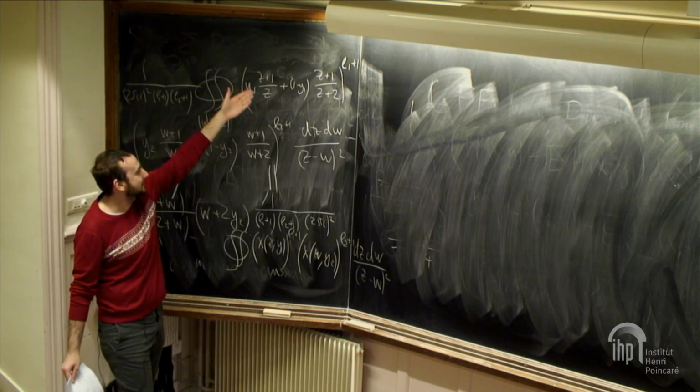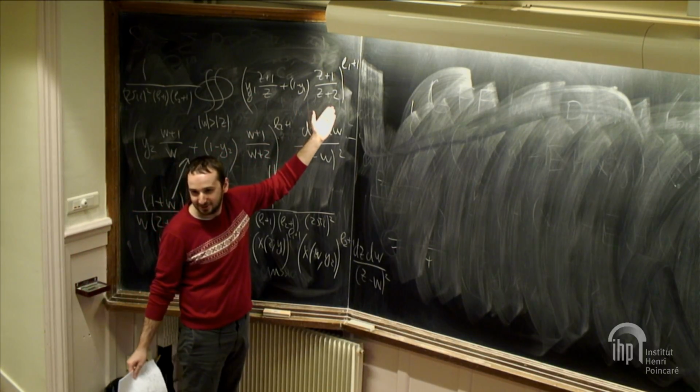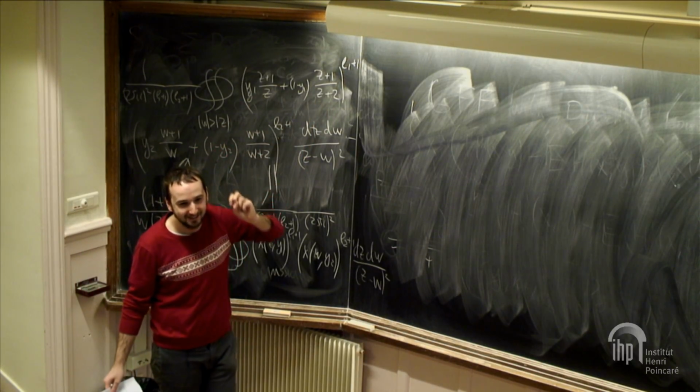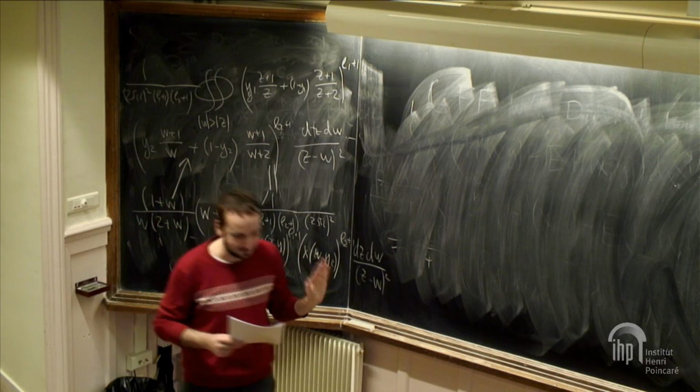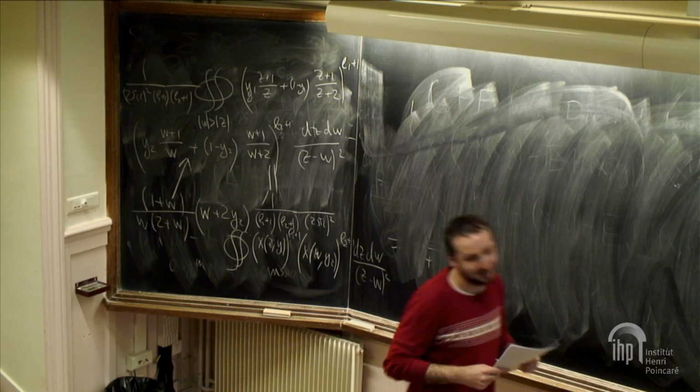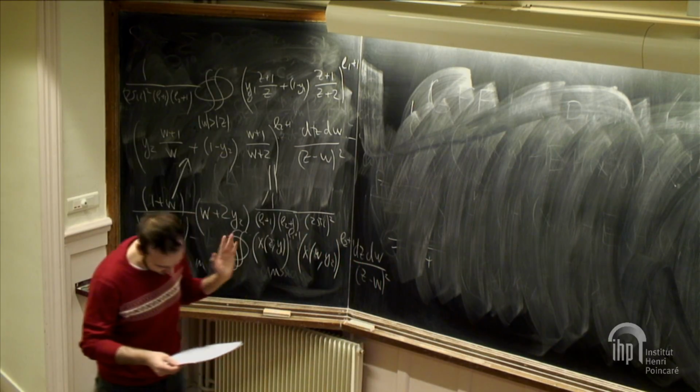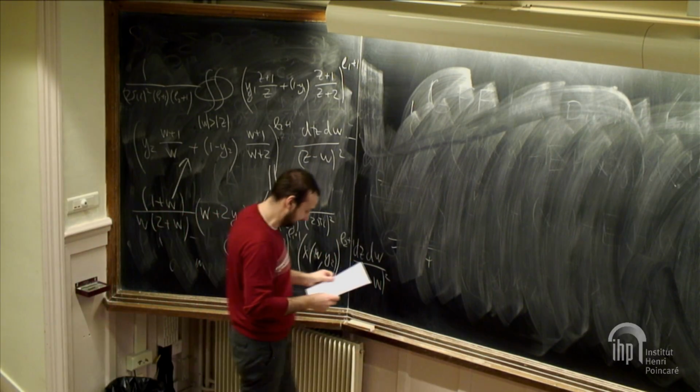I mean, look at the integral, Z plus 1 over Z and Z plus 1 over Z plus 2. That's an analytic function of Z. Yeah, you should not run into minus 2 or 0. That's true. That is some check, but I will not do it here.